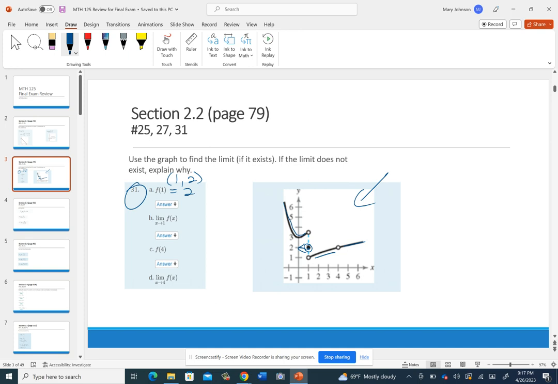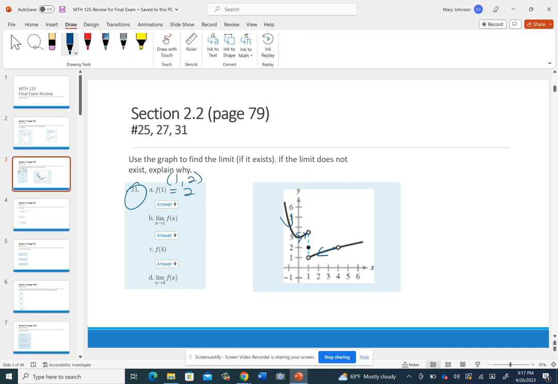So it means that you're looking at the limit as you approach 1 from both sides. So when I come in from the right, and when I come in from the left, I'm not at the same height, right? When I come from the right, I get 1. When I come from the left, I get what appears to be maybe 3.5, right?